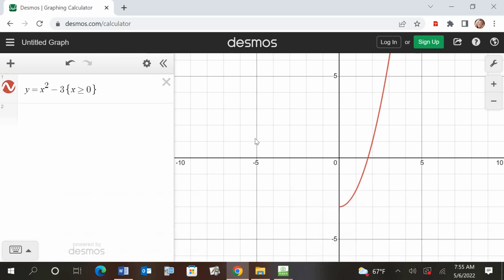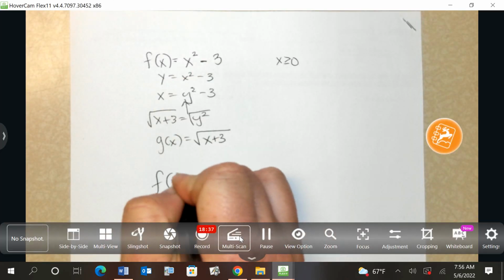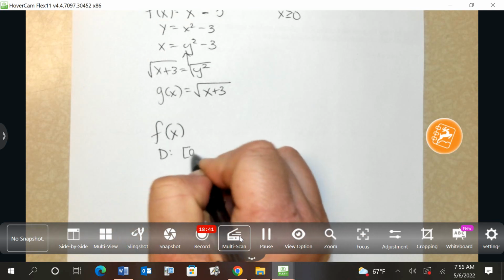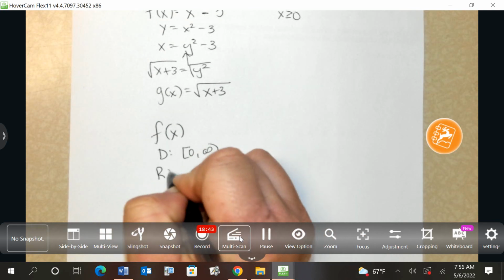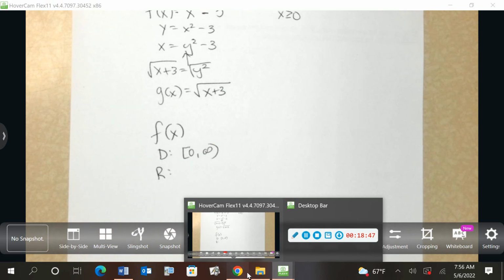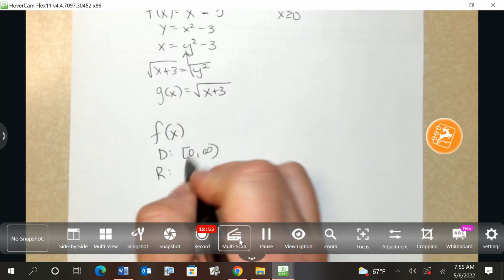I do want to show this because I think verbally when I just repeated the rules, it's really hard to understand. We can see that the x's go to the right of 0, include 0. So if I had to look at this original, I'm going to write down f of x. I can see that the domain is 0 and to the right. And I can see the range, if I come back here and look, the range is at -3 or above.